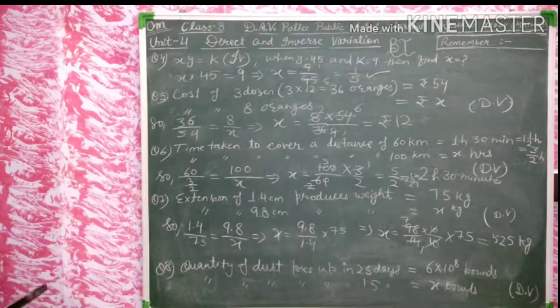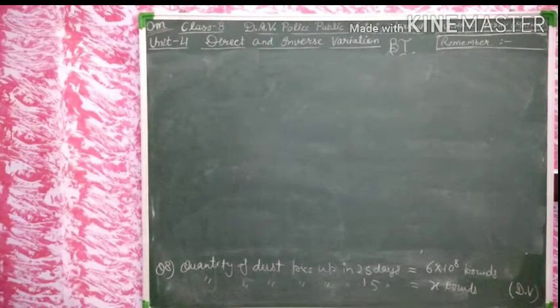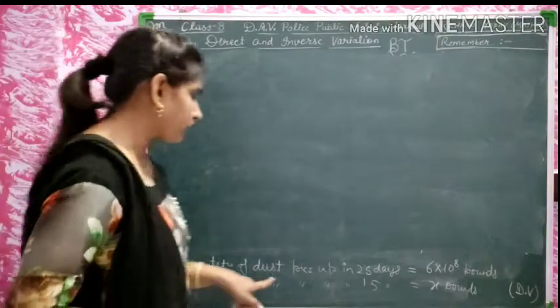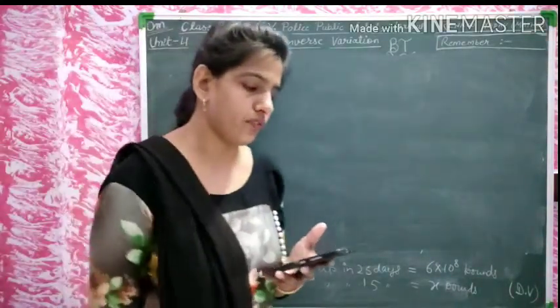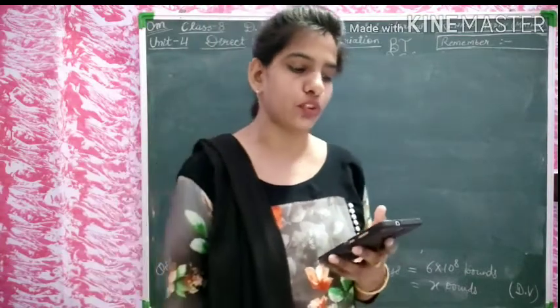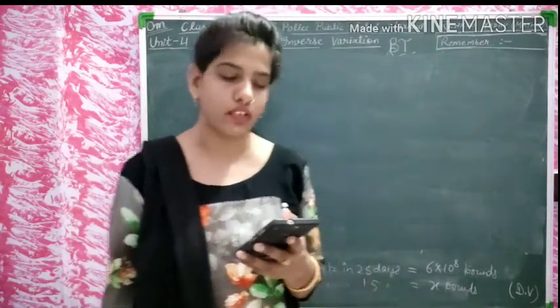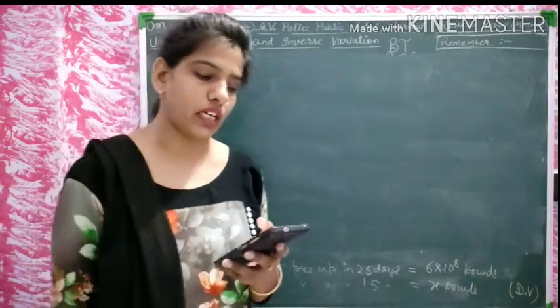Question number 8. First, write down these questions. So students, you are seeing here there is a quantity of dust picked up. In 25 days, the earth picks up 6 into 10 to the power 8 pounds of dust from the atmosphere.